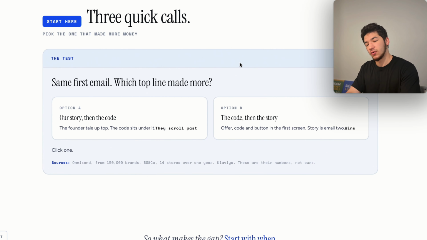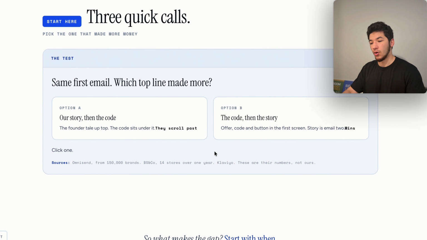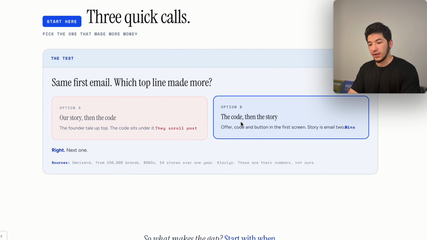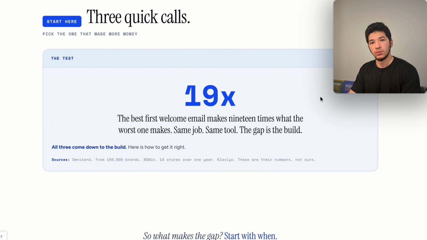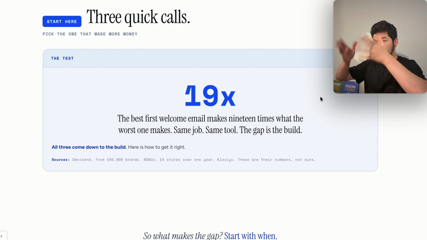And then the third question is, if you get the same first email, which top line made more? Our story, then the code? So, hey, welcome, this is our story, or the code, then the story. And the correct answer is the code and then the story, because people come there for the code. And usually about 80% of people don't even scroll past the first image they see.